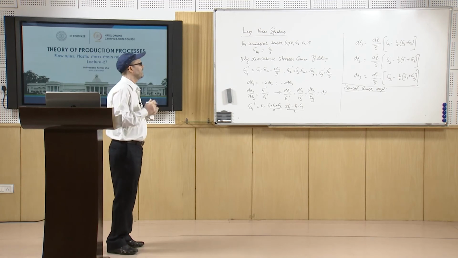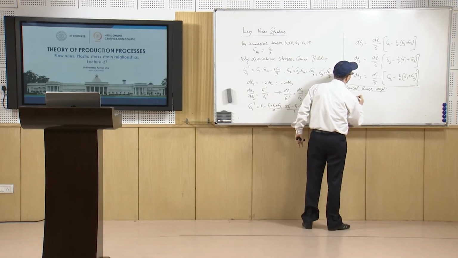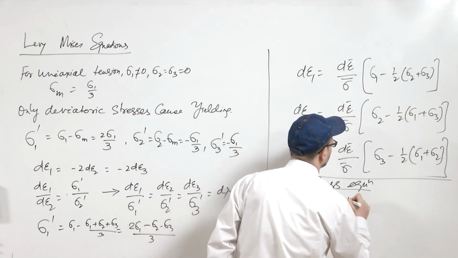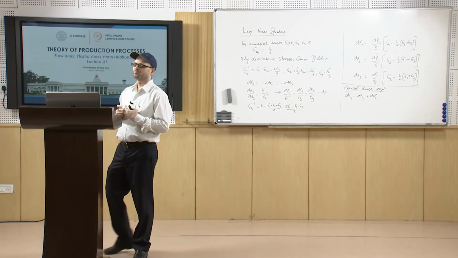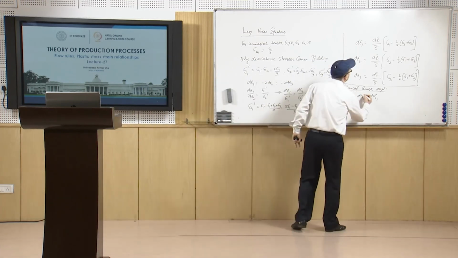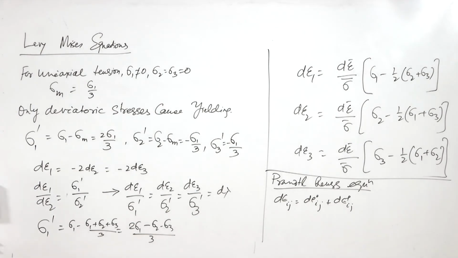So, the Prandtl-Reuss equation talks about both regions: d epsilon ij total is d epsilon ij elastic plus d epsilon ij plastic.